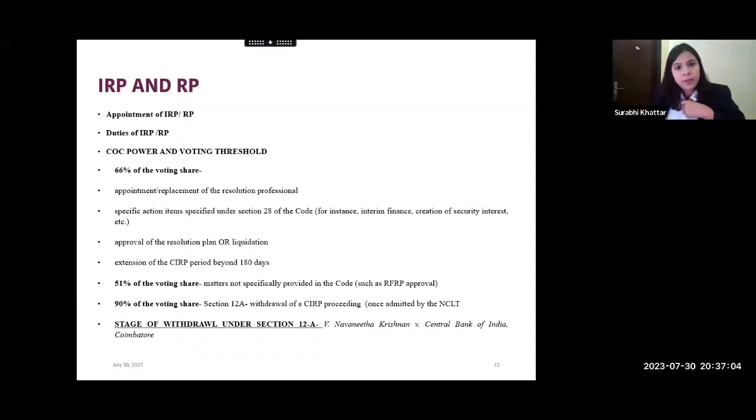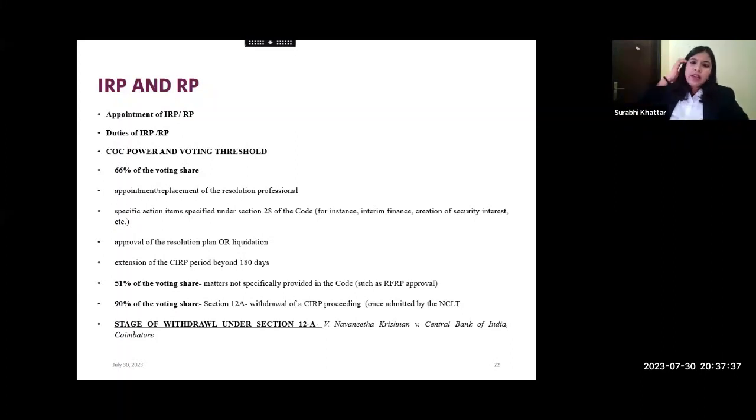Details of the proposed interim resolution professional that you wish to propose need to be added. There are also certain documents and written confirmations from that interim resolution professional that need to be obtained. The formats are already prescribed under the code and the regulations. They are essentially to the effect that the person is not a related party to this company and has valid registrations, etc. Those written confirmations from the proposed IRP need to be filed along with those applications.